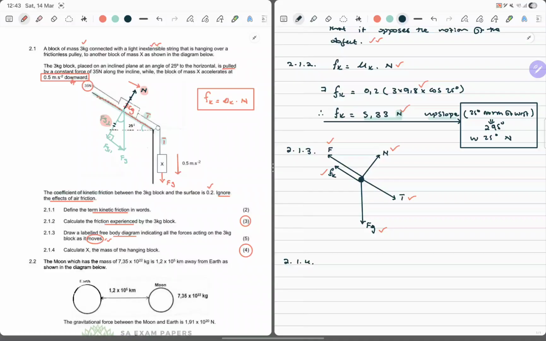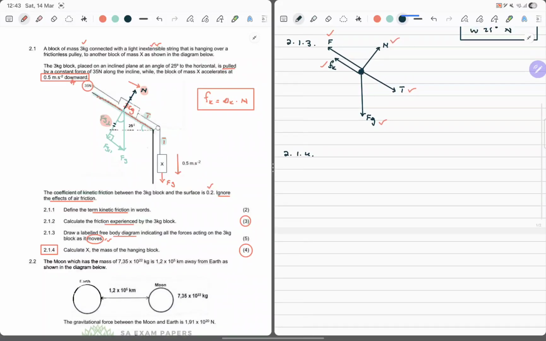I'm thinking about it now. Why am I hesitating? I am finding myself hesitating because there's quite a few things to consider here. Anyway, let's work out the tension first before we rush into problems.